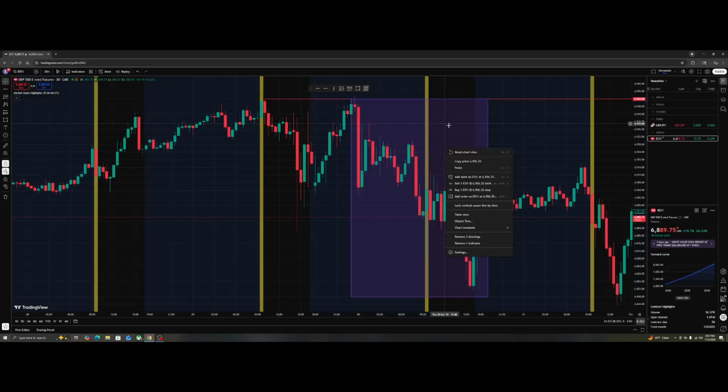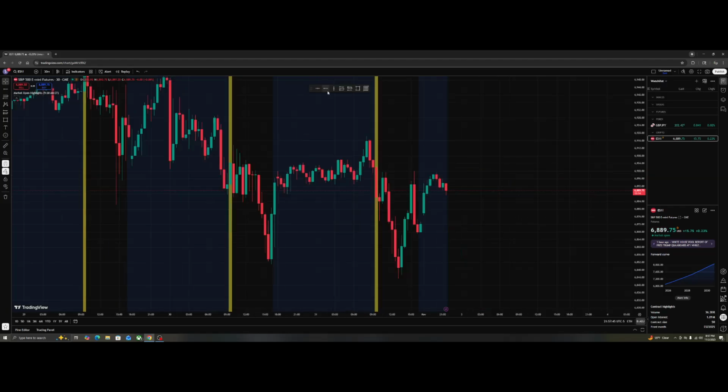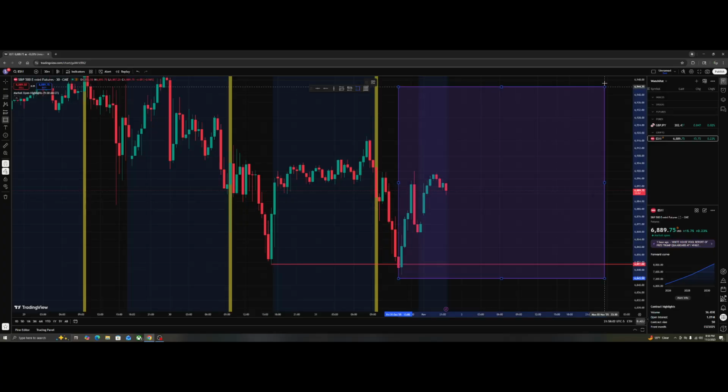Okay, first example, let's get an example of sweeping a low right over here. They're everywhere. We sweep this low, it could be by the wick or a body closure. We'll see where this market goes tomorrow, but I believe it should be going up.